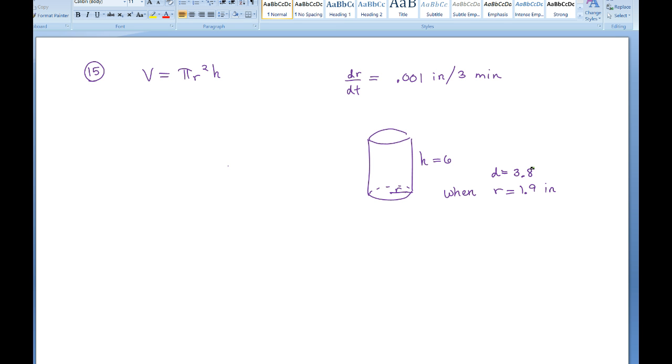Hold on, I want to write something down. Okay, I just wanted to make sure I was plugging everything in right. So, yes, the height is constant.